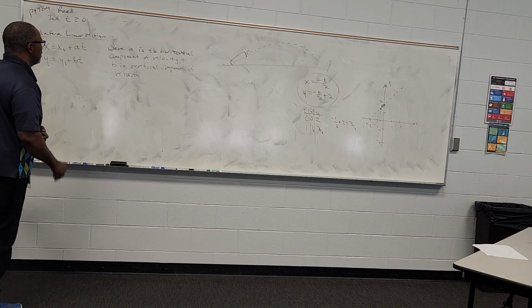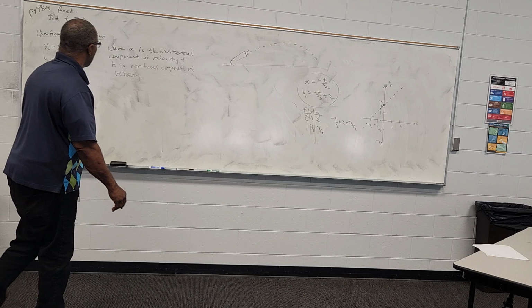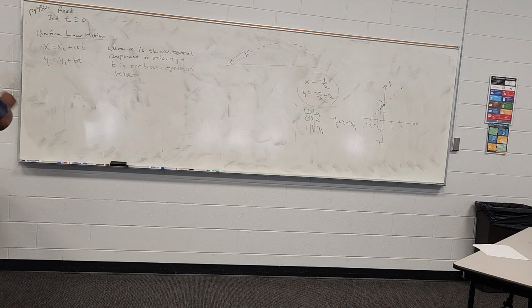So A is just how fast you're going in the horizontal direction, X is horizontal. B is how fast you're going in the vertical direction.